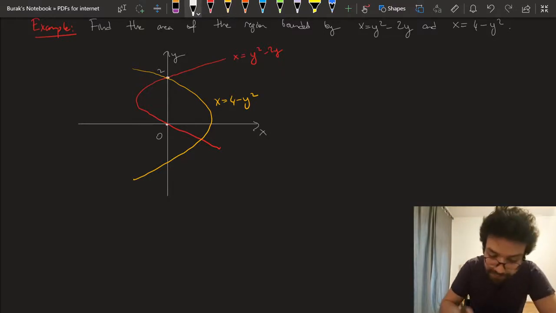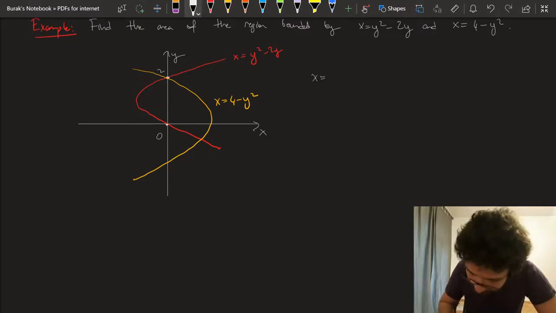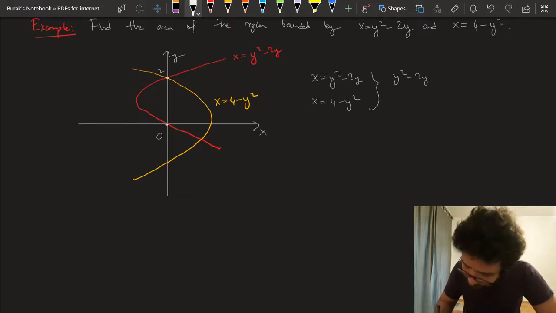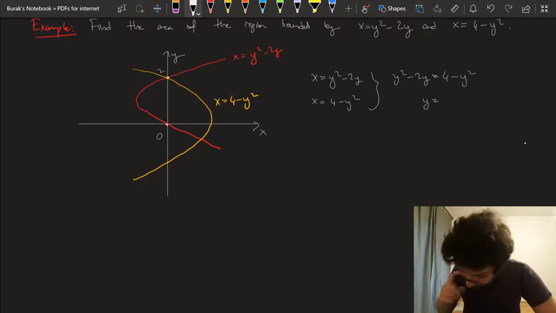And let me quickly find these intersection points. I know that I'm going to need them. One of them is already clear. It's 2, because when you plug in 2, it's satisfied. The other one is y equals minus 2. No, this is wrong. This is y squared minus 2y equals 4 minus y squared, so 2y squared minus 2y equals 4.